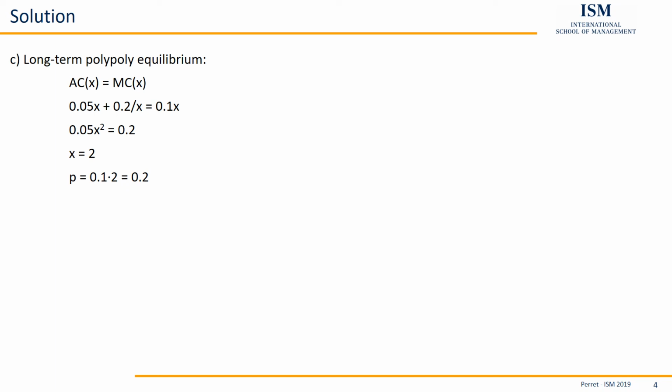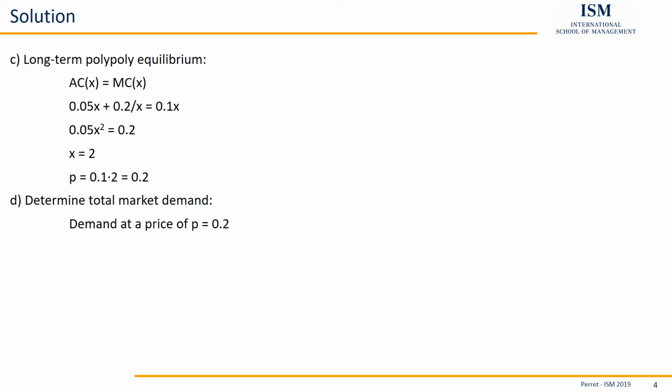So we're only stuck with the last part, finding out how many companies will establish themselves in the long term. For this, we need to first get our total market demand. So how much do the customers want of the chocolates if the price is at 20 cents? We get this by simply inserting P equals 0.2 into our demand function.